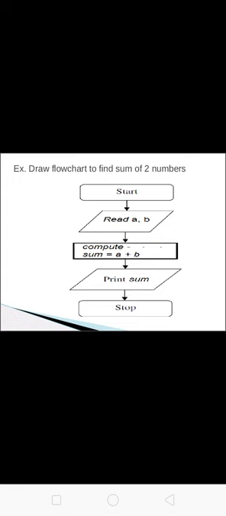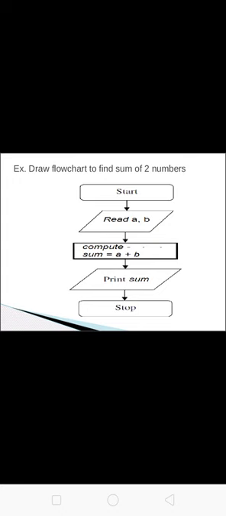Arrow mark shows the flow of the program. Next, we use the parallelogram symbol. Parallelogram is used for reading or writing, inputting or outputting the result. Read A, B. Read A, B means A and B are the given two numbers.